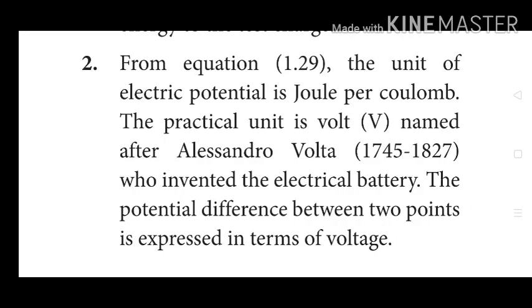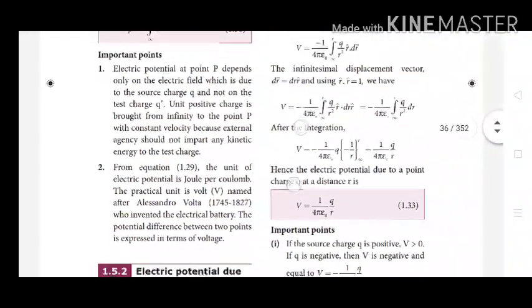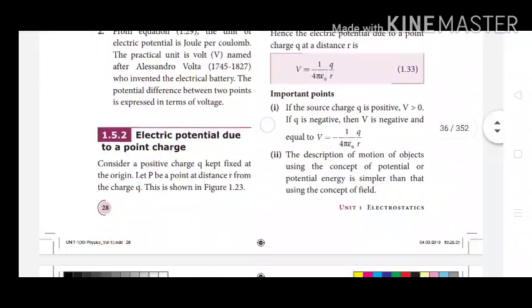Second point: from equation 1.29, the unit of electric potential is joule per coulomb. The practical unit is volt, named after Alexander Volta, who invented the electrical battery. The potential difference between the 2 points is expressed in volt.